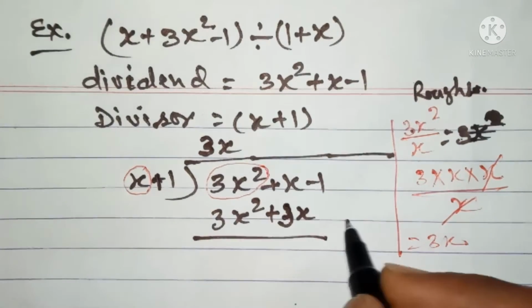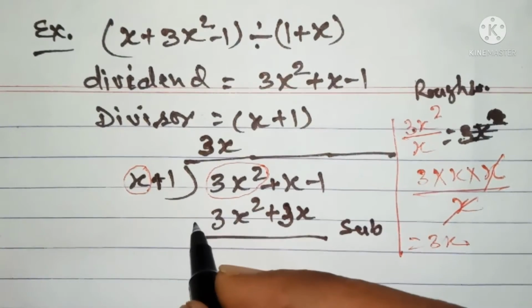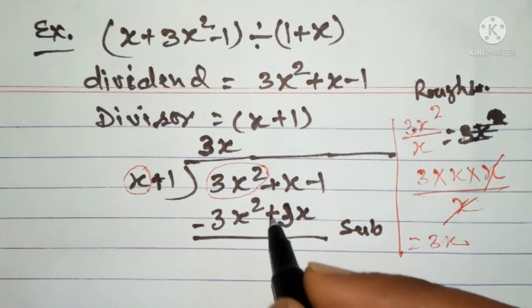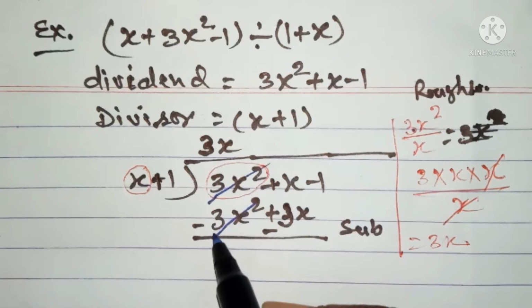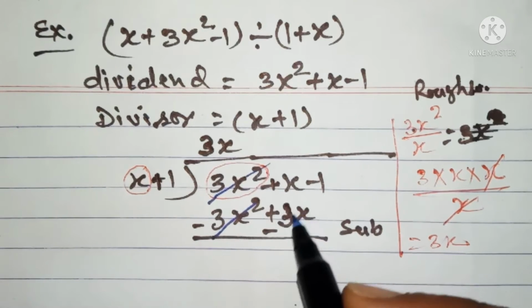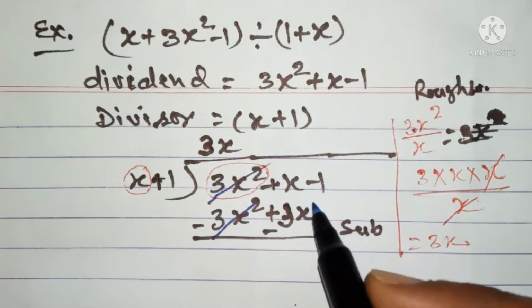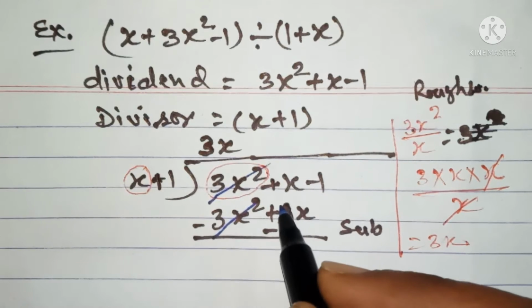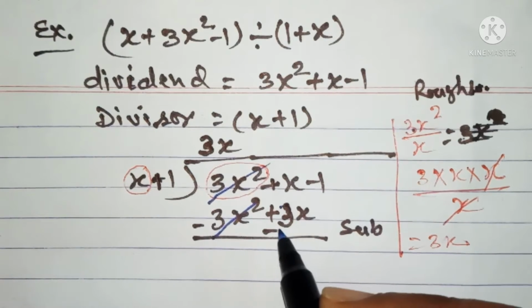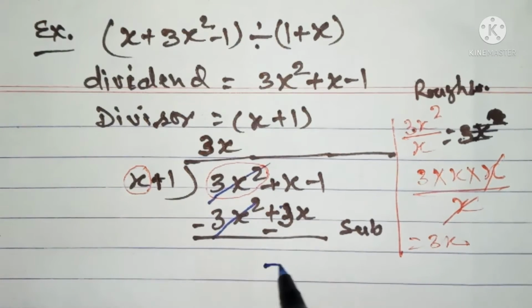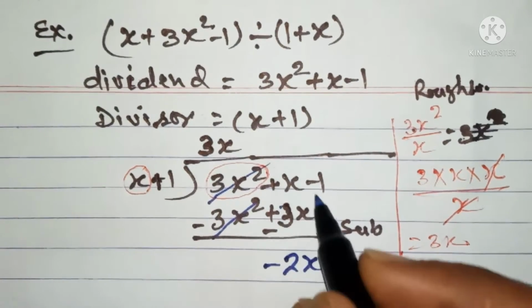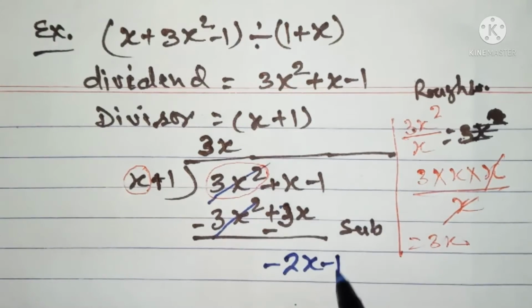By subtracting, this will be minus. It has plus sign, so it will also be minus. 3x square minus 3x square will be cancelled, and here we have minus 3x and plus x. It will give us minus 2x and here it is minus 1. This will be our remainder.